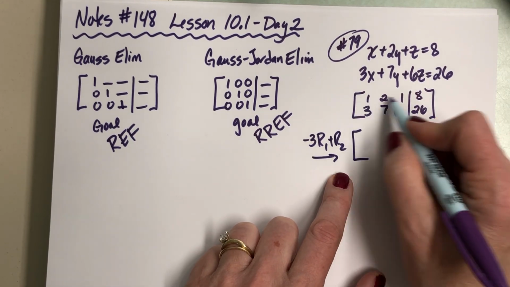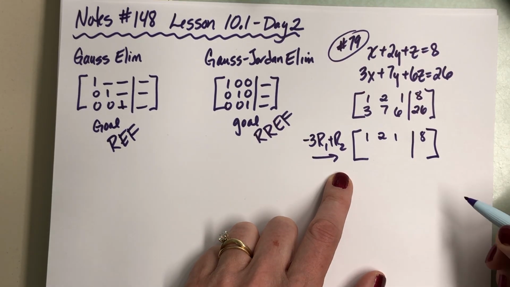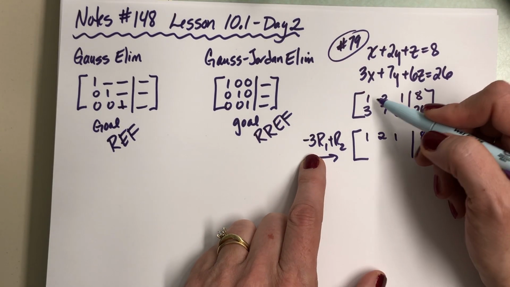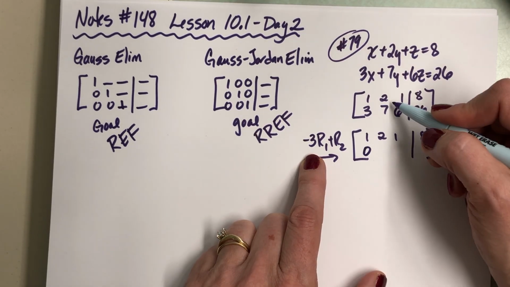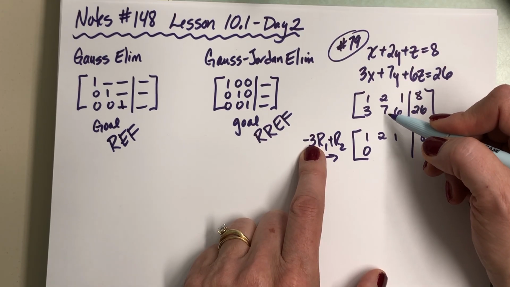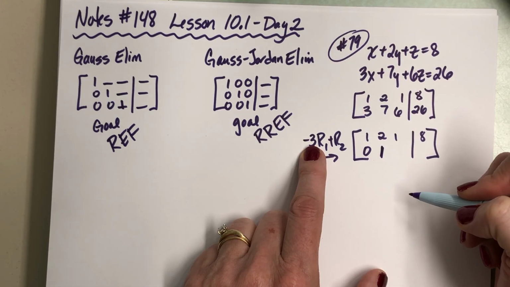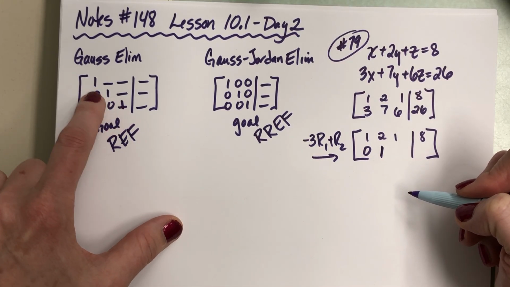I'm not going to change row 1 at all. It's going to stay exactly the same, so I just recopy it. I'm going to take negative 3 times 1, which is negative 3, add it to 3, and I get 0. Negative 3 times 2 is negative 6, plus my 7. Oh, bonus. Look at that. I got a 1 there. I'm looking at my goal over here to get 1s on the diagonal and 0s below.